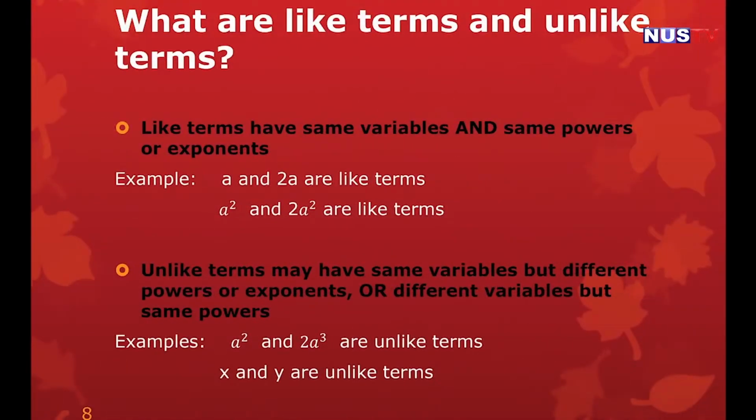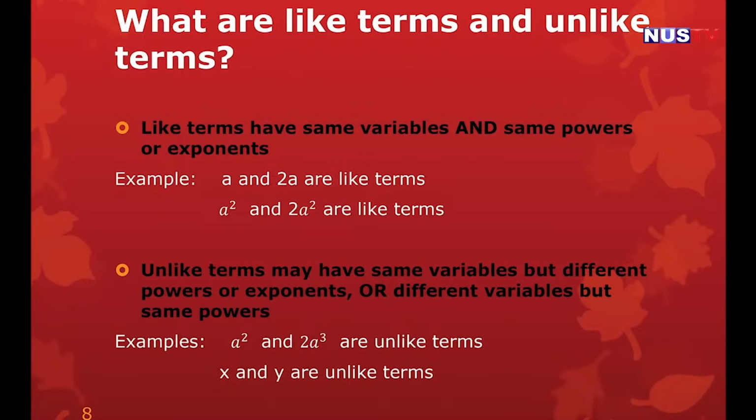Now, let's go back down memory lane and find out again what like terms and unlike terms are. Like terms have the same variables and the same powers or exponents. Remember, a variable can be a letter that simply replaces a number.